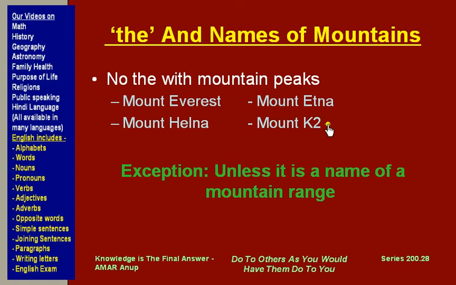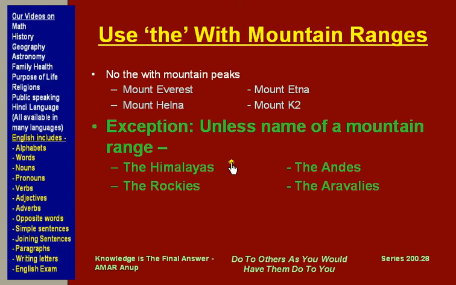Now what is the exception? The exception is that if it is a mountain range, then we use "the" before the name of that mountain range. Let's see some examples. Here are examples of mountain ranges: Himalayas, Rockies, Andes, Aravallis.